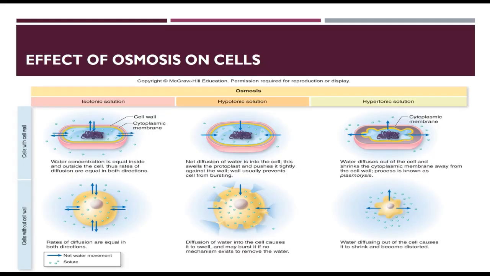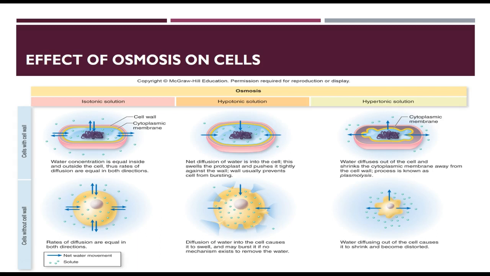So water does interesting things to cells when concentrations are different. So we're going to look at some different concentrations here and see what happens to cells when they are placed in these concentrations.